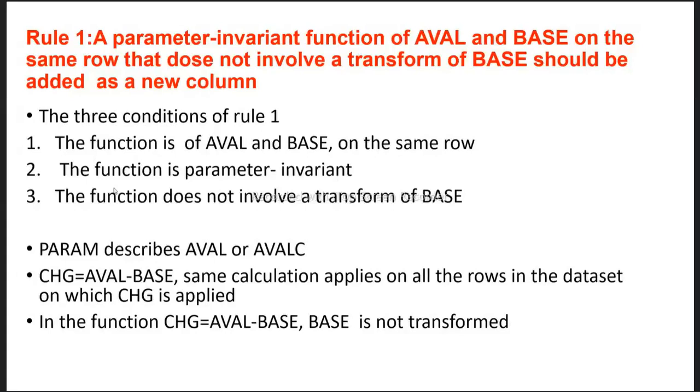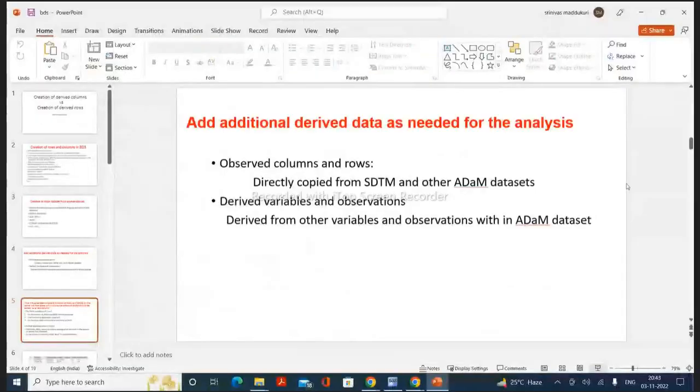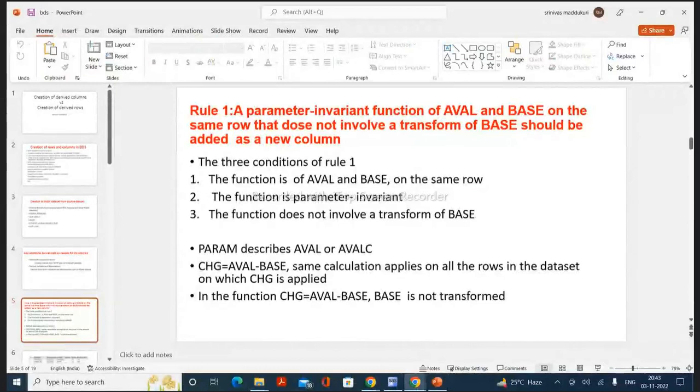A parameter-invariant function of AVAL and BASE on the same row that does not involve a transform of BASE should be added as a new column. What does it mean? The rule is a little bit complicated to understand, so we'll see an example so that you can easily understand that.